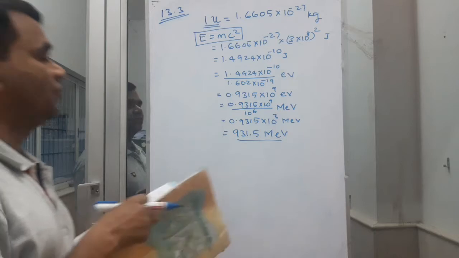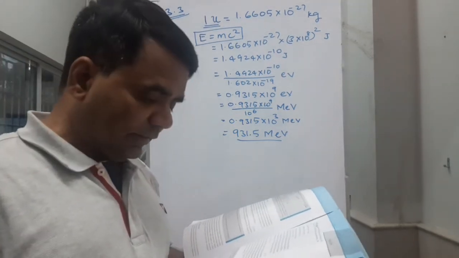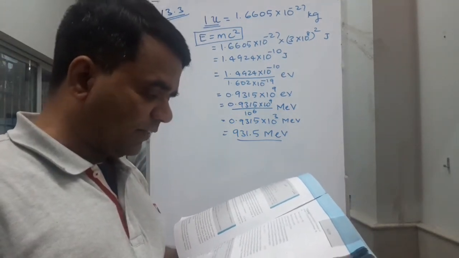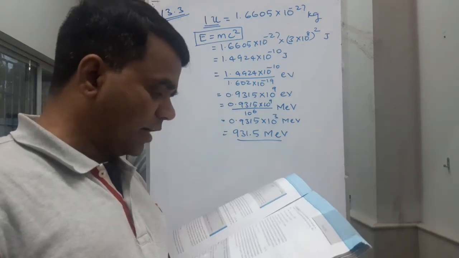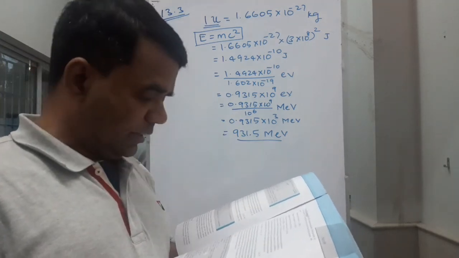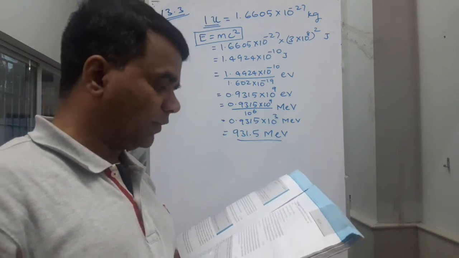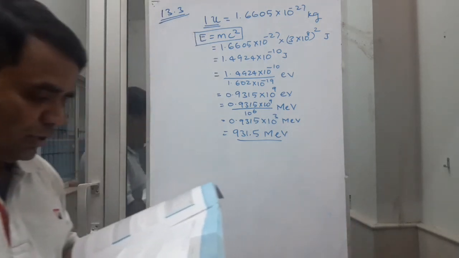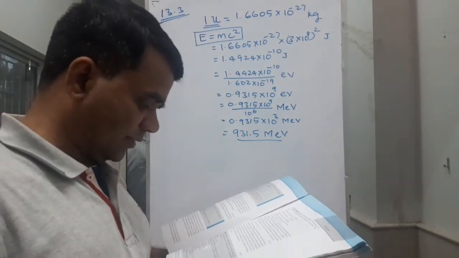Okay, so that's the first part. The second part is, using this, express the mass defect of oxygen in mega electron volt per c squared. Okay. First of all, what's the mass defect here?